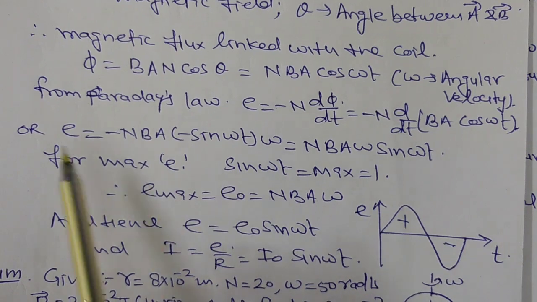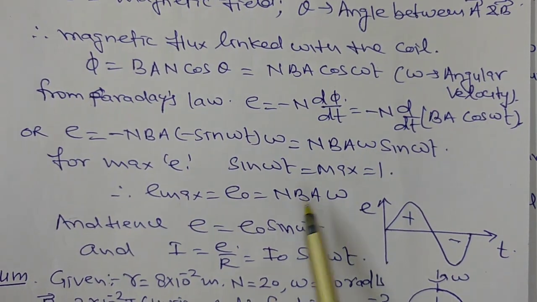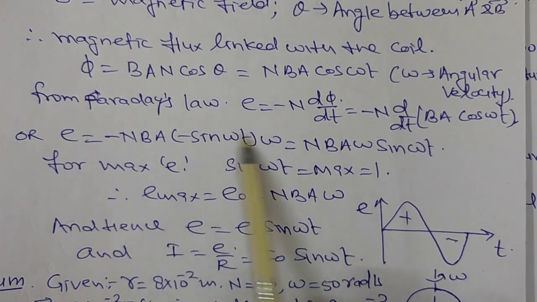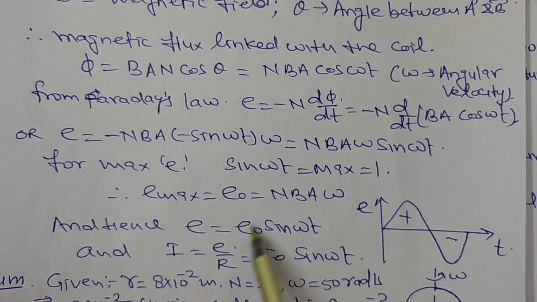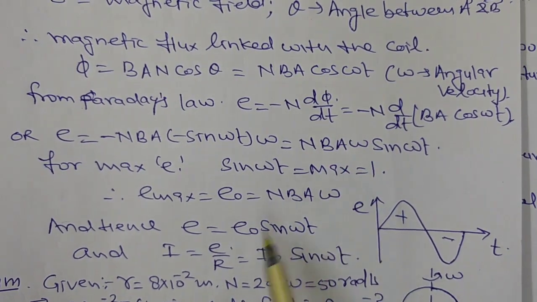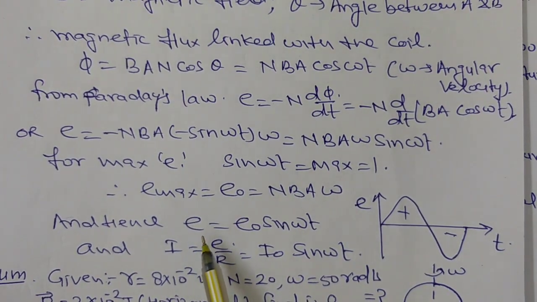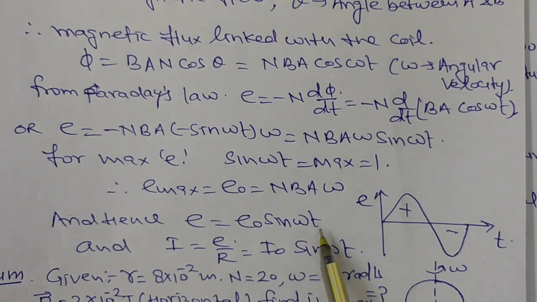Now, therefore, from this equation, E is equal to E naught sin omega t. Put here E naught in place of nba omega. Therefore, the expression for the induced EMF is E is equal to E naught sin omega t.